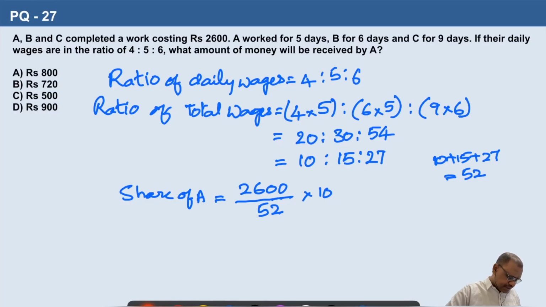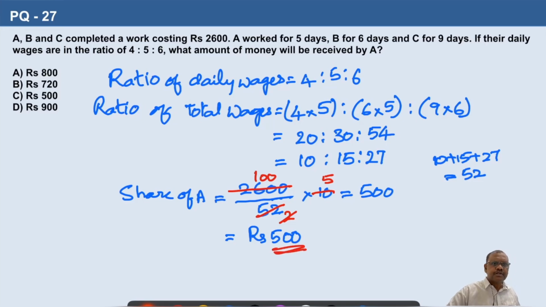So this is 26 ones, 26 twos, 2 ones, 2 fives. So 100 into 5 is 500. So therefore share of A is 500 rupees. This is the answer. Option C is the right answer.